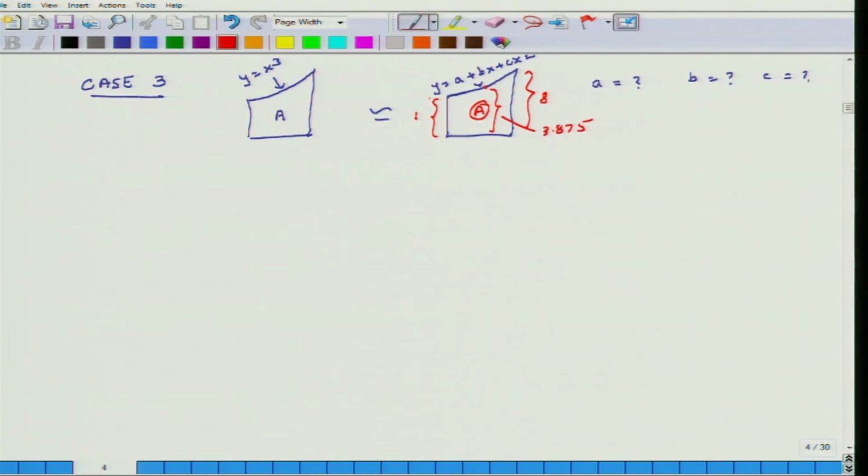Okay. So now we find out the values of a, b and c by writing out three different equations. The first equation, so this is y1, this is y2, this is y3. So we write y1, y2, y3. See, these are known.